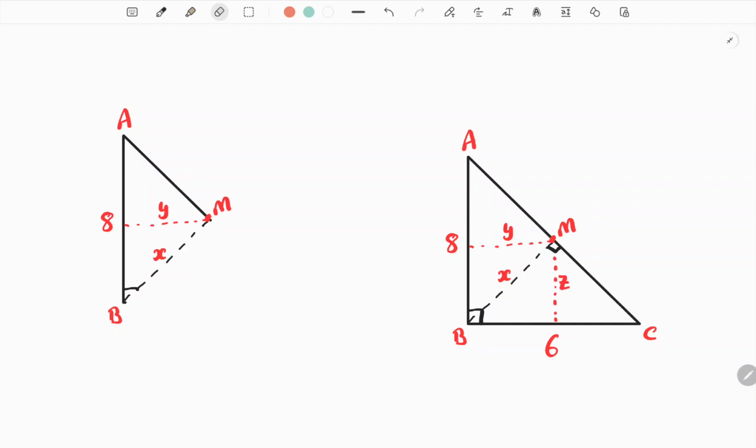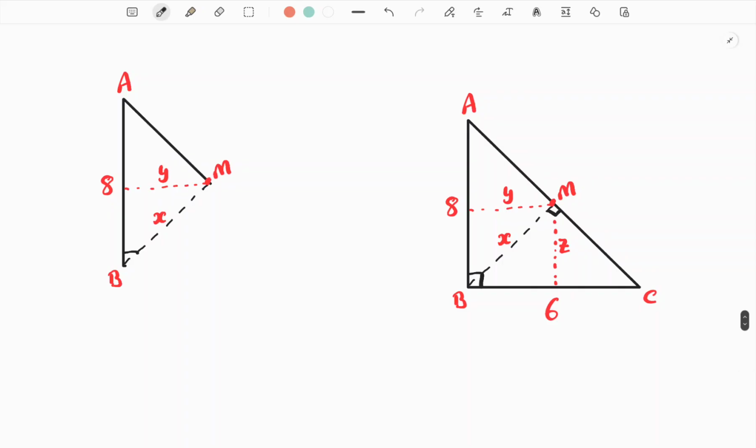So now, from this right angle triangle AMB, let us find out what is the value of Y. So suppose this one we take as the measuring angle. So therefore, the side which is opposite to the measuring angle, we will take as P, and this P is nothing but X. And X, from the calculation above, we got 4.8. So this is the value of P.